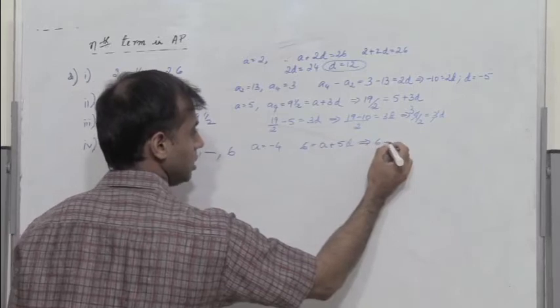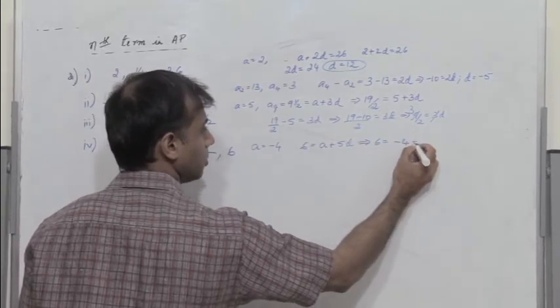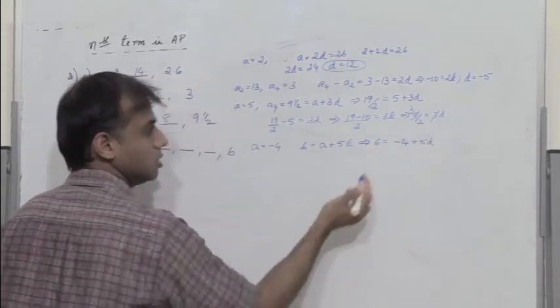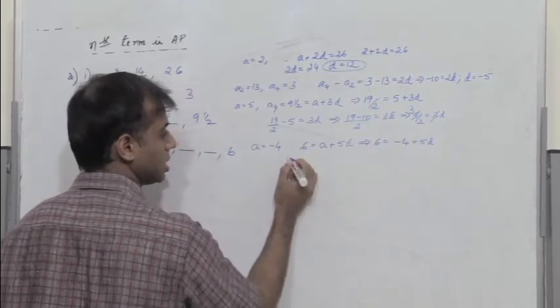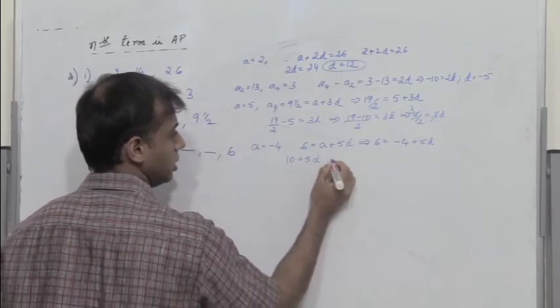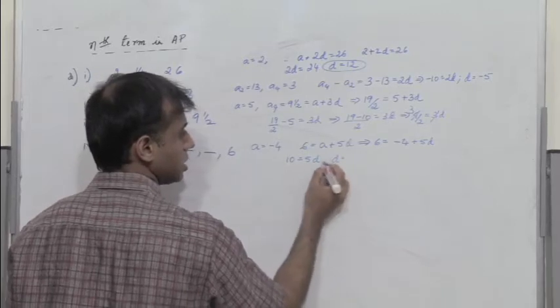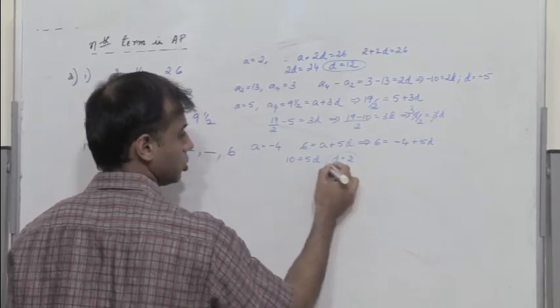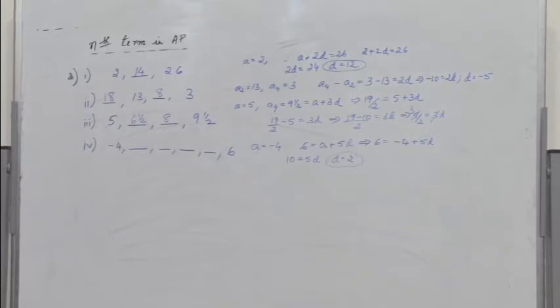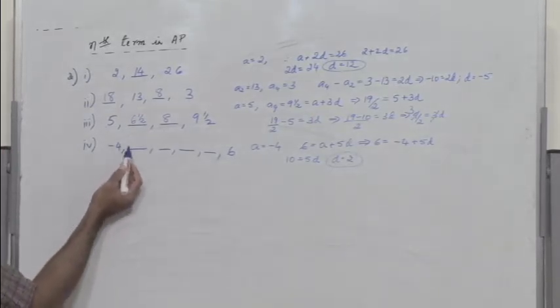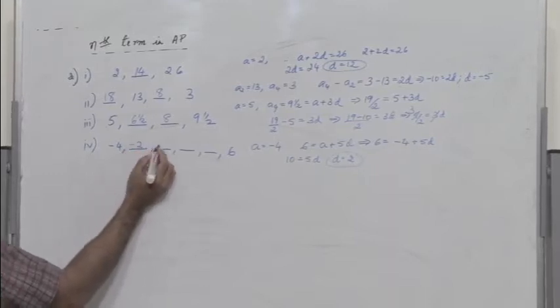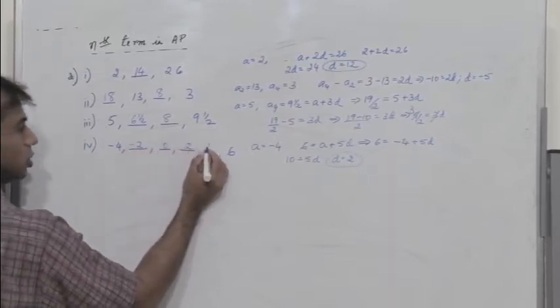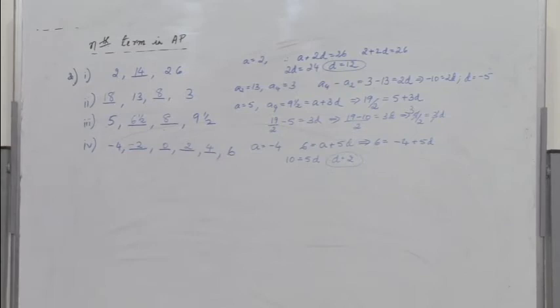So I get 6 equals minus 4 plus 5D. So bringing minus 4 to the LHS, I get 10 equals 5D, or D equals 10 by 5, which is 2. So therefore, you add 2 to the next one. So you have minus 4 plus 2 is minus 2, then 0, then 2, then 4 and then 6.